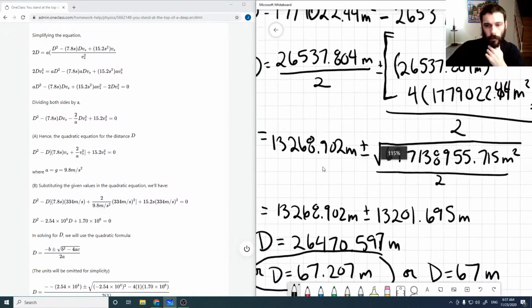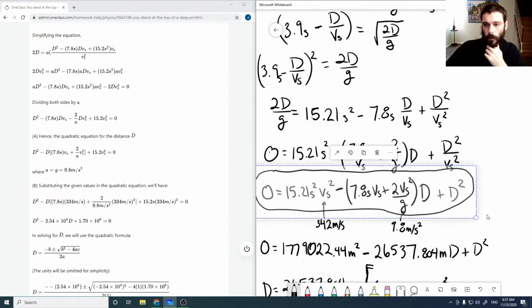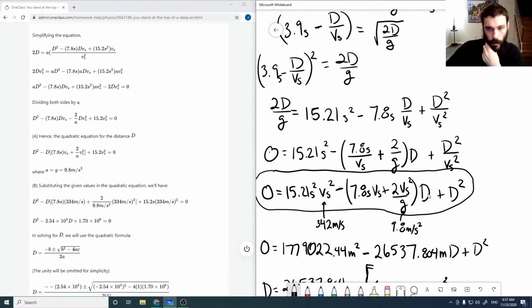Okay, so if we now check our quadratic equation here, it'd just be d squared minus 7.8 times our v sound plus 2 v sound squared over g, so yeah, that's in there, and then plus 15.21 times our v sound squared.